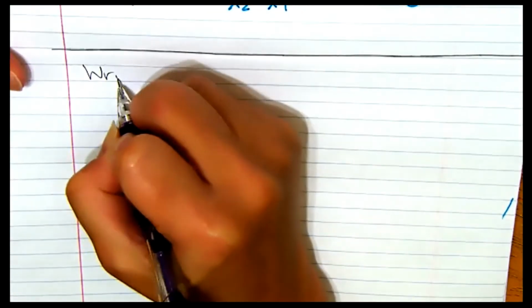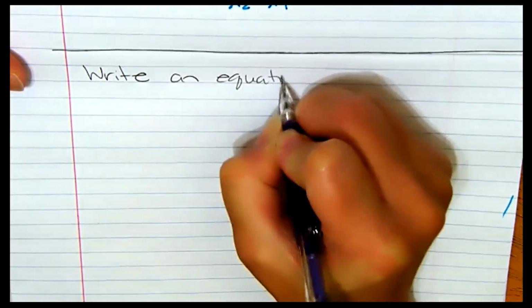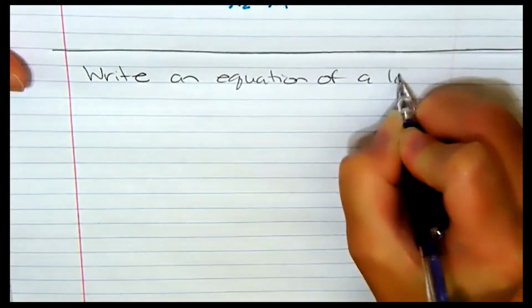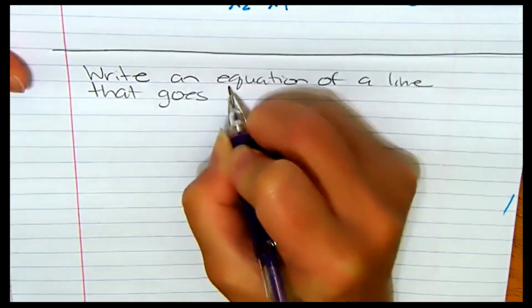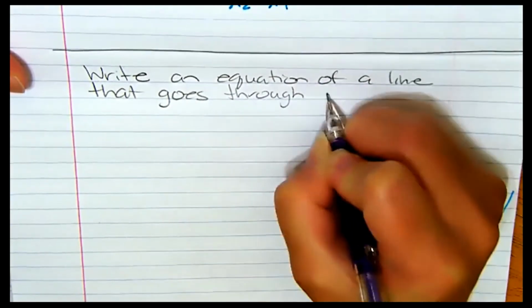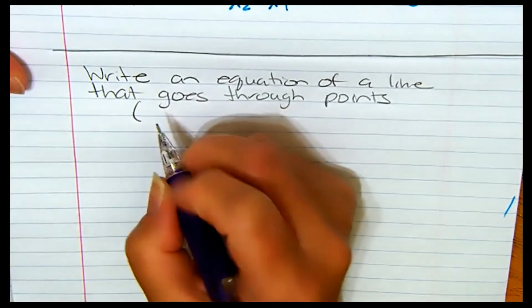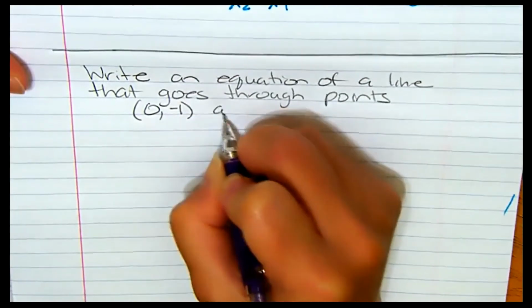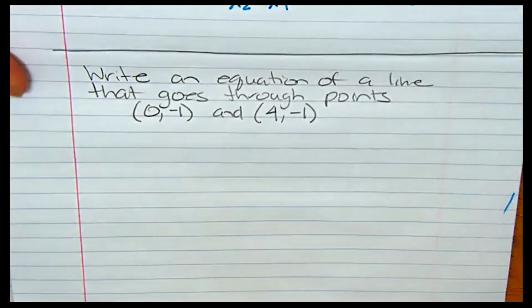Okay, this time, the book does not give us the graph. They give us 2 points. And they ask us to write an equation of a line that goes through points 0, -1, and 4, -1.